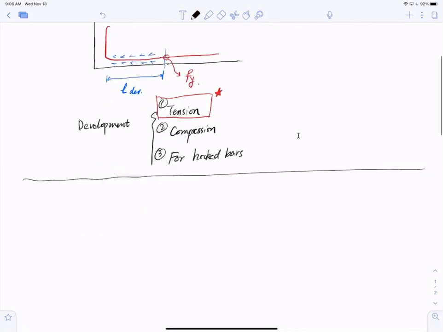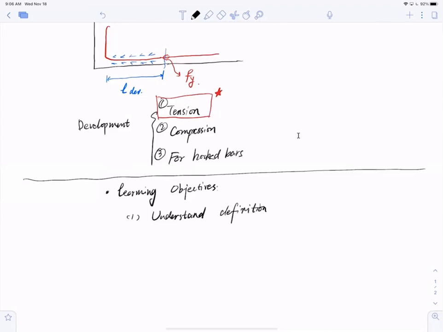All right, so there are two learning objectives today. The first one is to understand the definition of development length. We'll briefly talk about it and then elaborate in detail.